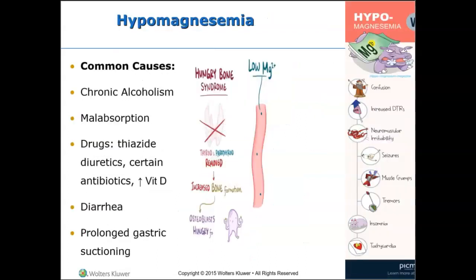In hypomagnesemia, the common causes are listed on this slide. Again, the number one cause, chronic alcoholism. Now, there are some other things like malabsorption. We talked about gastric bypass last week, and we know that they have absorption problems, right?